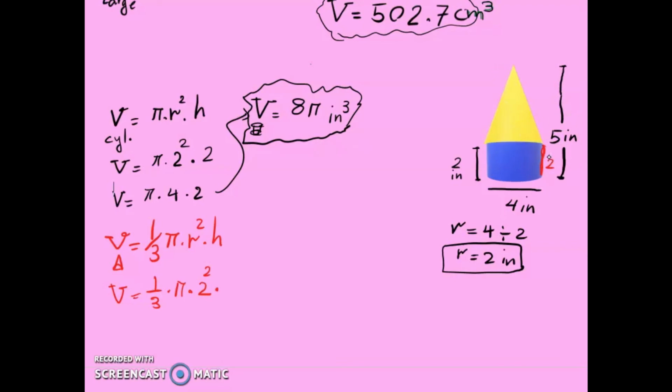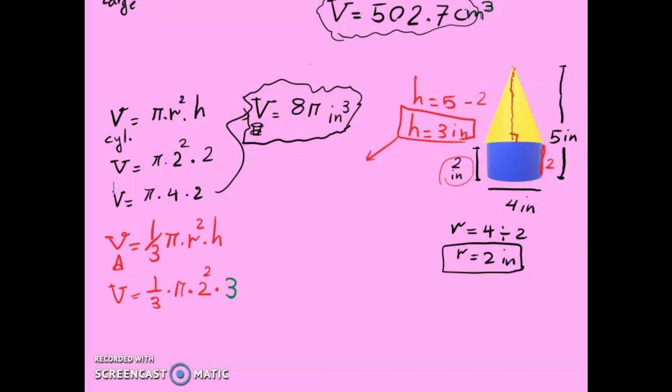So the height of the cone is 5 take away 2. Therefore, the height is 3 inches. Bring it down to this formula: height is 3.